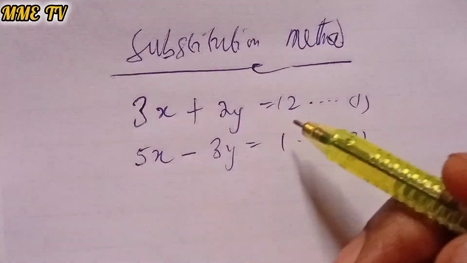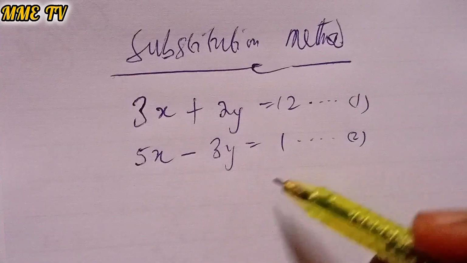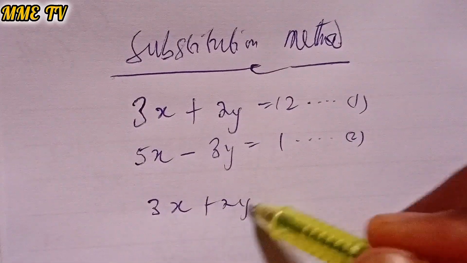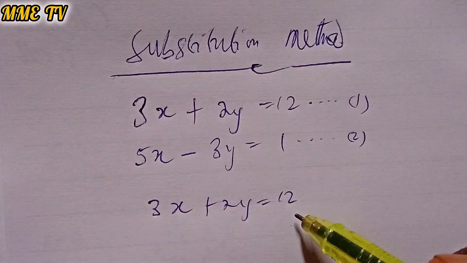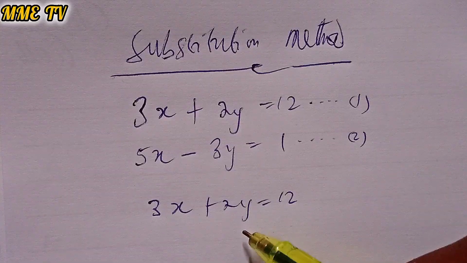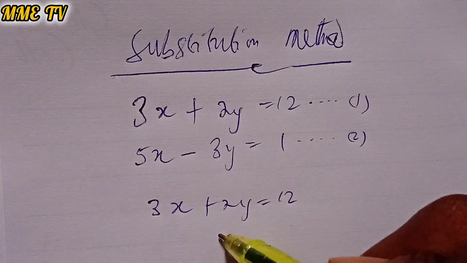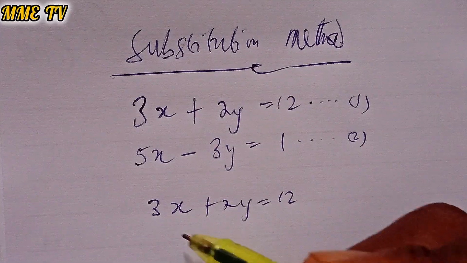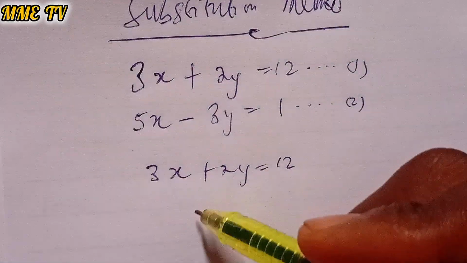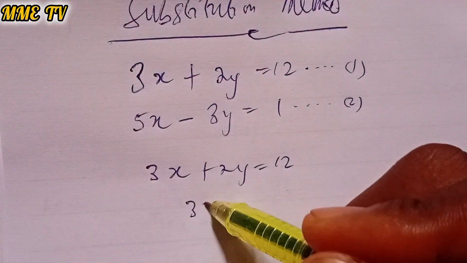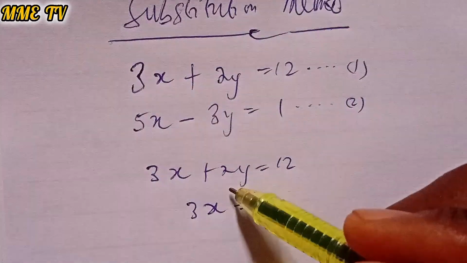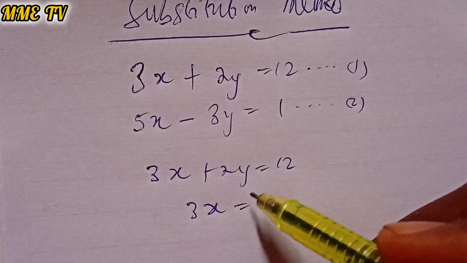So let's use equation 1 to solve equation 2, right? Equation 1 says that 3x plus 2y is equal to 12. So I can decide to make my 2y the solving formula, or I can make 3x any of them that I wish to. So I can simply say that 3x is equal to 12. So I'll be making x the solving formula now.